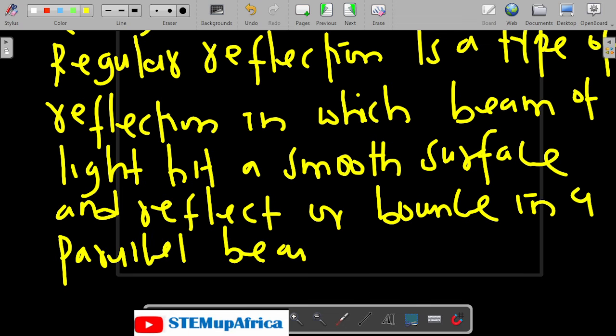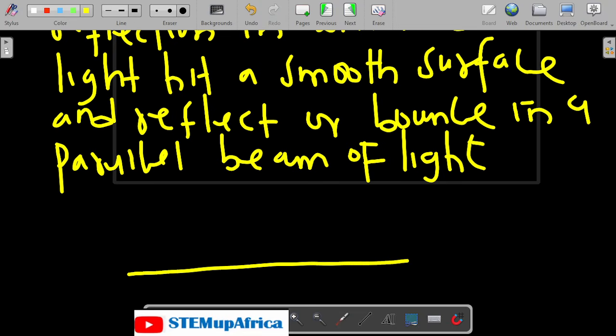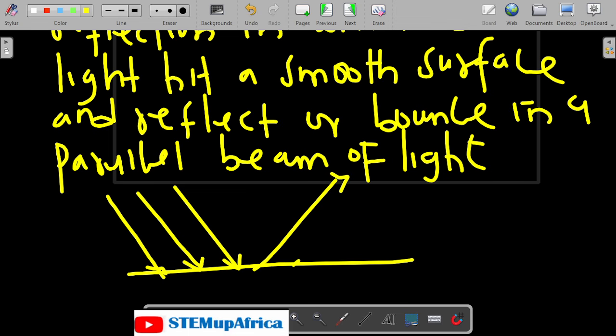You can illustrate it with a diagram. If light strikes, they will reflect in a very distinct manner.